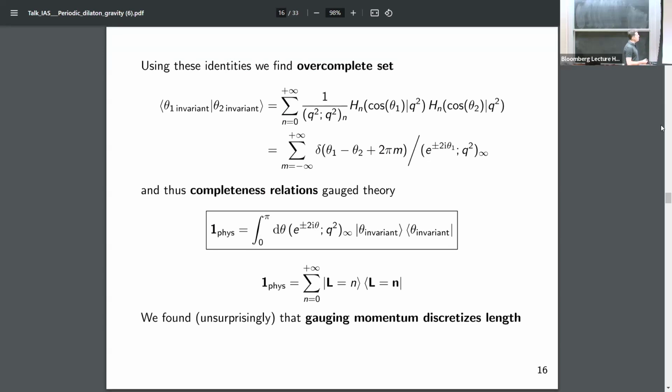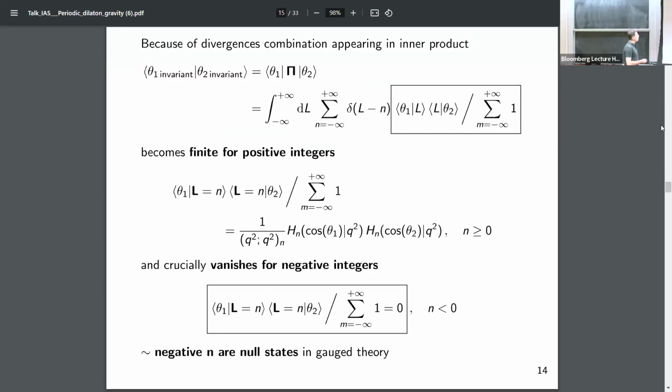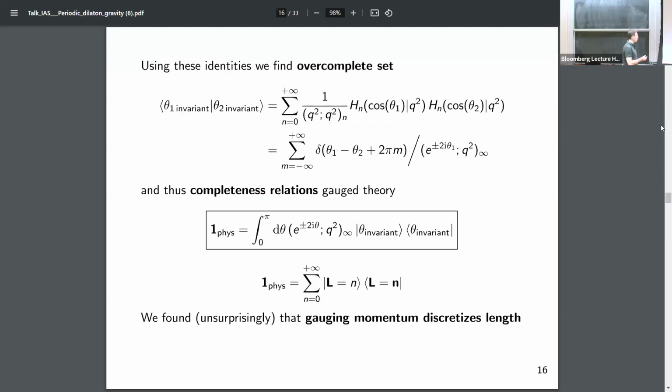Okay, and now the redundancies and the theta bases. So using the identities that I showed, you get the following inner product between the projected states. I threw away some prefactors, but for the purpose of the talk, you see that they're actually over-complete sets, because states that correspond to shifting theta to theta plus 2 pi are actually identical.